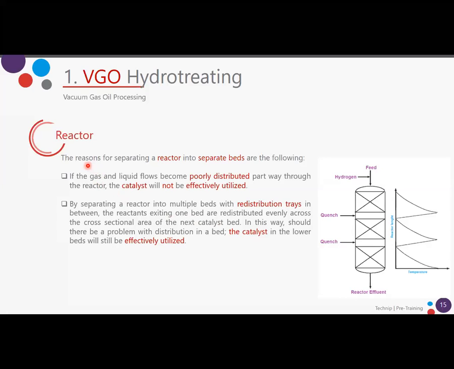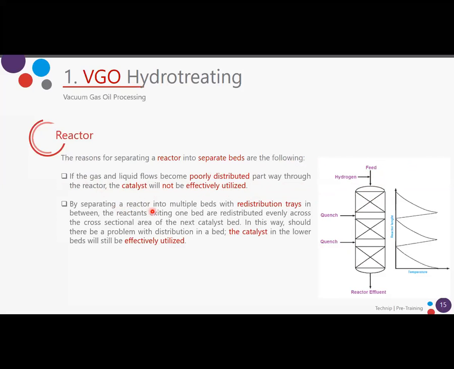I was telling that the reasons for separating a reactor into separate beds are the following. If the gas and liquid flow become poorly distributed partway through the reactor, the catalyst will not be effectively utilized. Remember that we have mixed phase reactions, with liquid and gas. So if we have poor distribution across the catalyst, you will not be using the catalyst effectively.